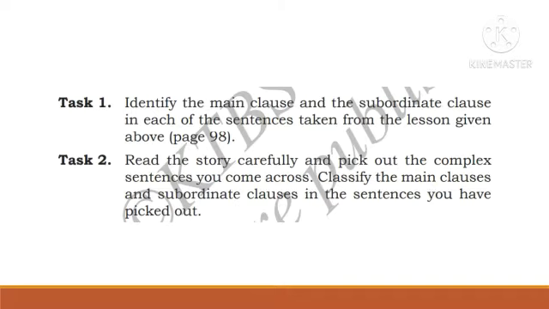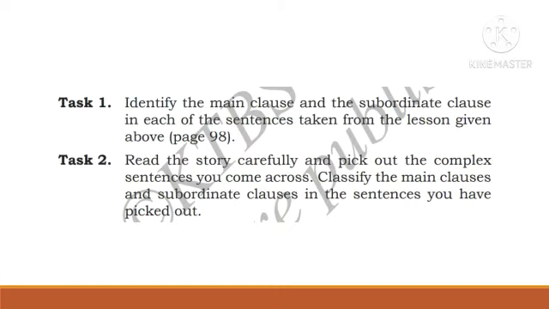We had some five sentences, isn't it? If you just visit the previous video, you will see that, or it is there on your textbook page number 98. So identify which are the main clauses and which are the subordinate clauses.